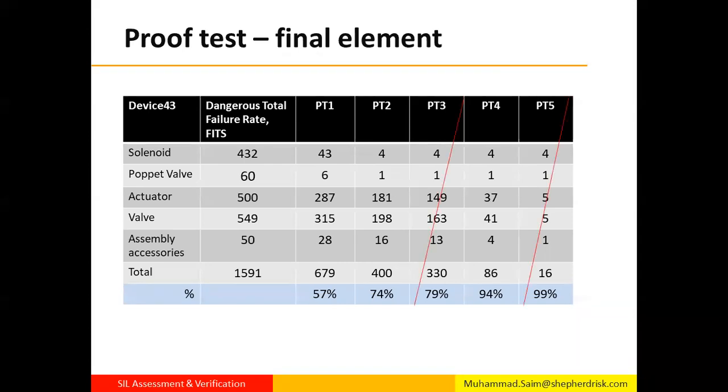Hence, PT3 and PT5 are not carried out normally in process industry. In oil and gas, in fertilizer, in refinery, that's something not normal. So if we are not allowing to carry out PT3 and PT5, then the total proof test coverage is 1165 fits out of 1591, which is 73% of the total failures. So our CPT or proof test coverage in this case will be 73%.